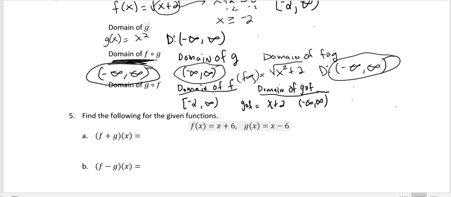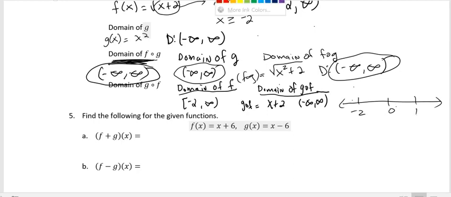So now you need to ask yourself, what does negative infinity to positive infinity have in common with -2 to infinity? Infinity for sure, and what else? -2 on, right? So you can also draw yourself a little number line if it helps. This is -2, 0, and so on.